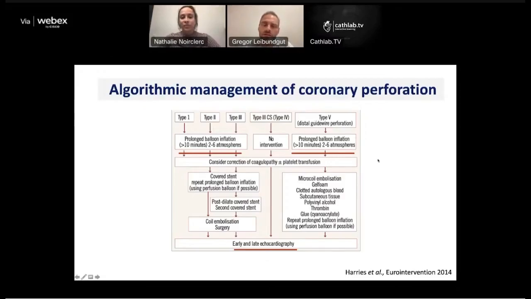How can you check if it's perforating into a cavity? You can inject SonoView, which you know from your echo colleagues, and then you do an echo and inject the SonoView intracoronary, and you see where it's spilling. If you see it in the right ventricle, it's spilling into the right. If it's in the left, it's spilling into the left.